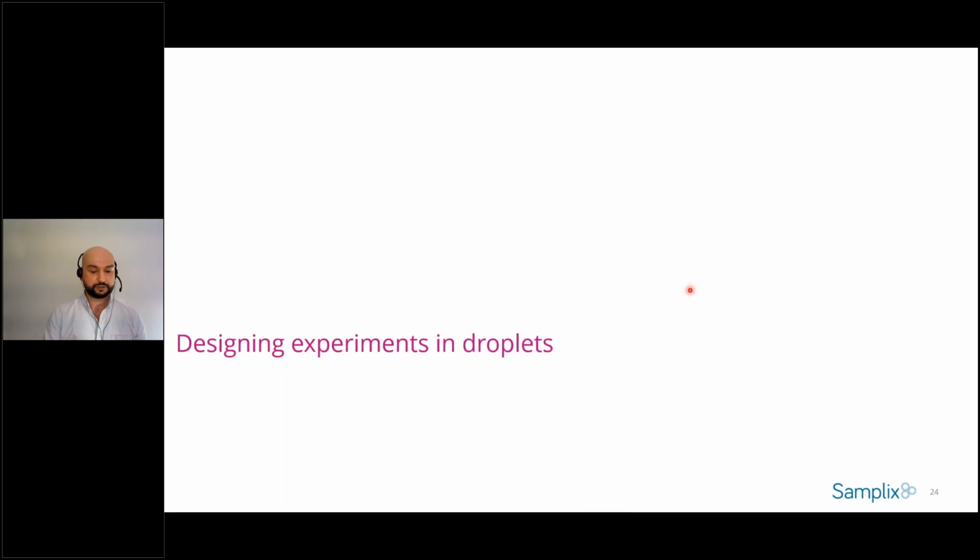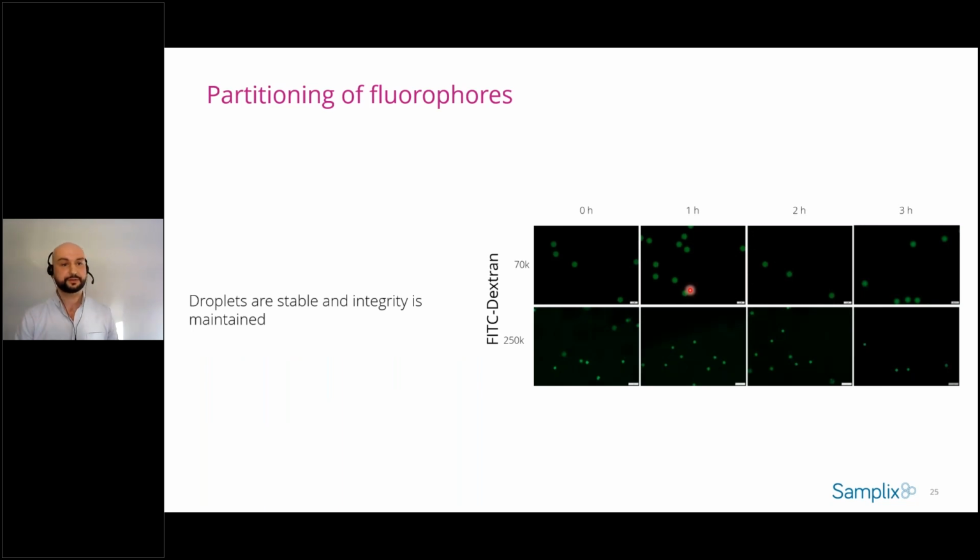So in order to perform droplet microfluidics and screening in droplets, several steps have to be considered, and this is what I will show you in the next few slides. We will go through different experiments that are an integral part of designing such experiments. So let's start first with partitioning of fluorophores.